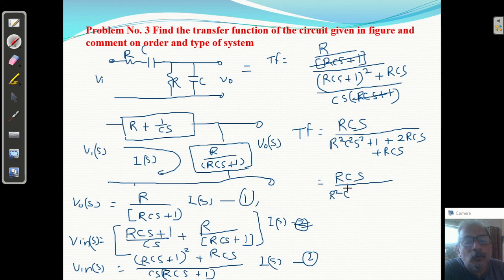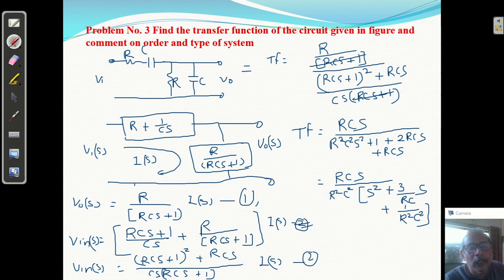and C square, if we take common, so you will get S square, only S square, plus here will come 3, and R and C cancel and you get upon RC into S, because I'm taking R square C square common. So 2 RCS plus RCS is 3 RCS, and I'm taking R square C square, so in the denominator it will come into S plus 1 upon R square C square.